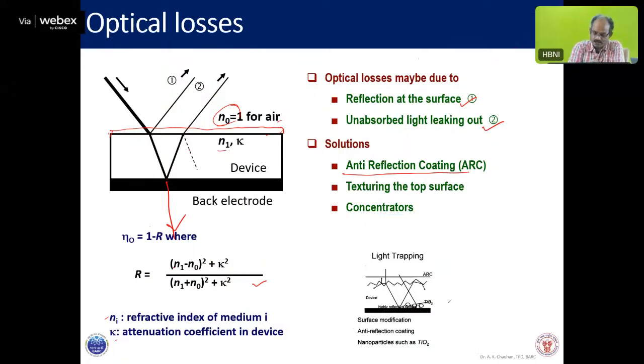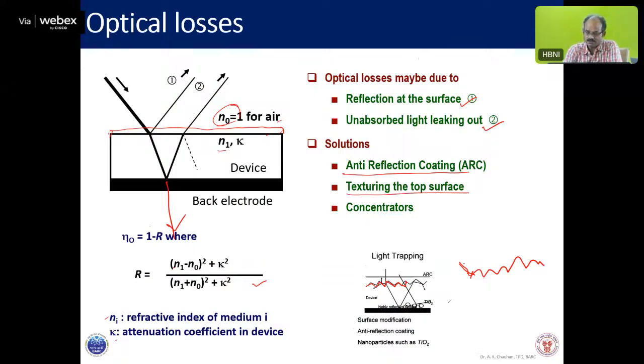If the surface is flat, in place of the flat surface, you can texture it like this. Then whatever light is falling sees more area, and the reflection can be reduced in that case. So this texturing can be done at the top surface.